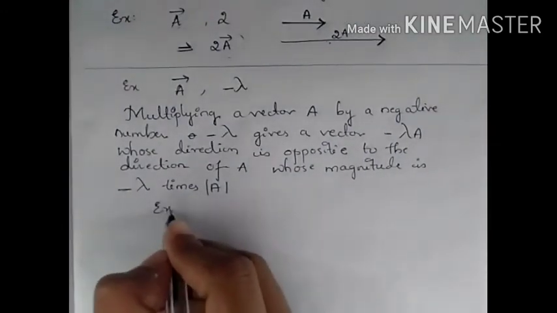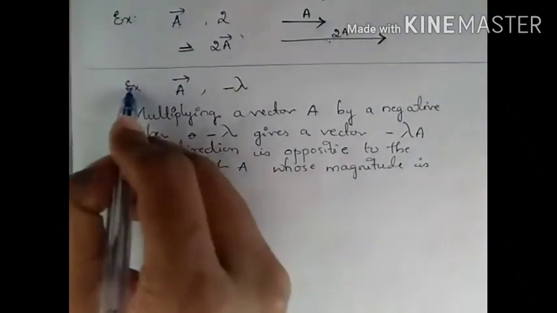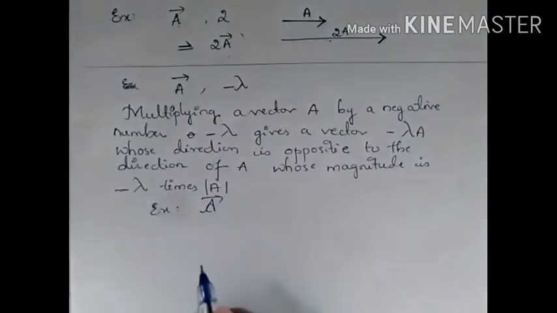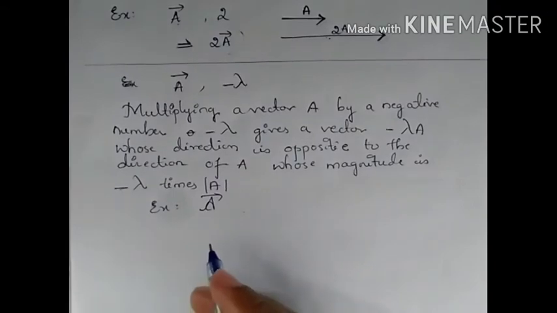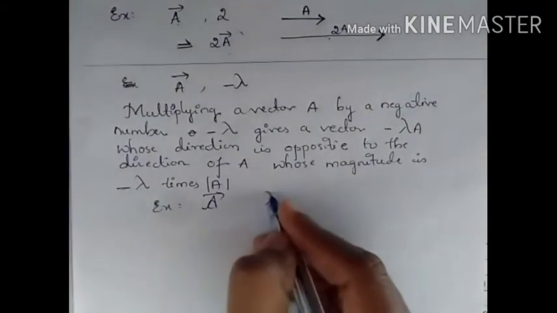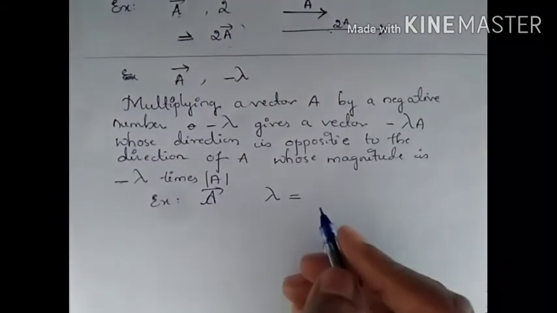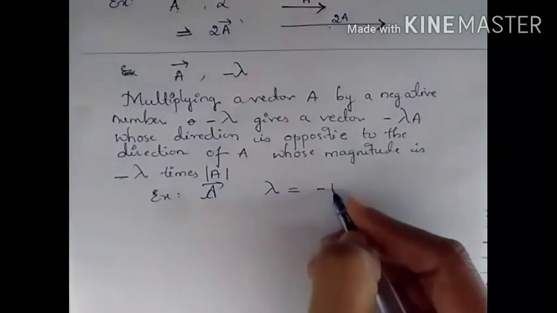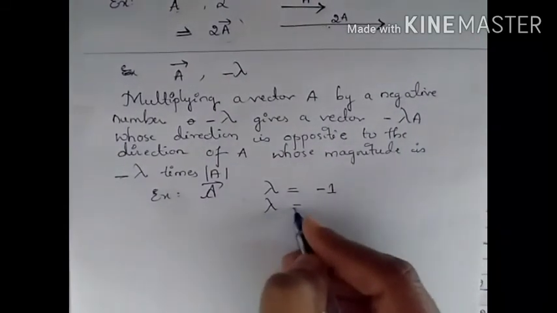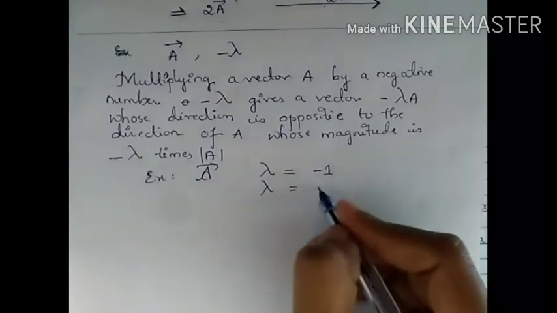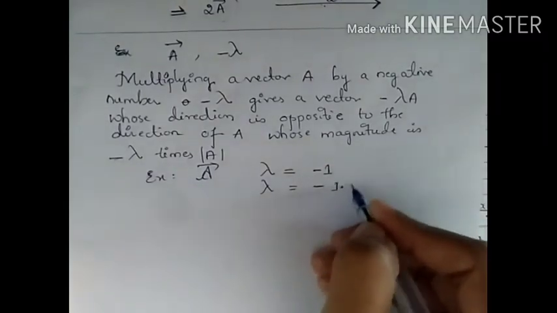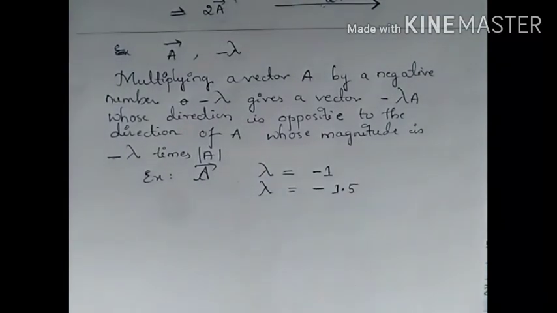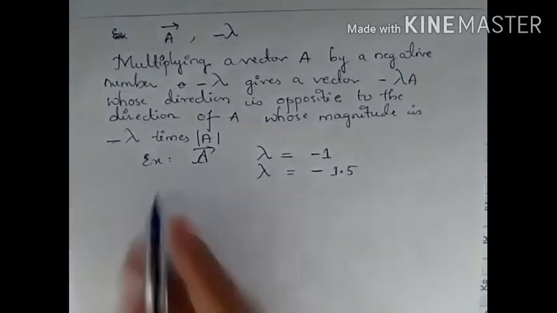So you have a vector A and you have the lambda. Let's suppose the value of lambda is minus 1 for the first case and minus 1.5 for the second case. So let us draw the two vectors.